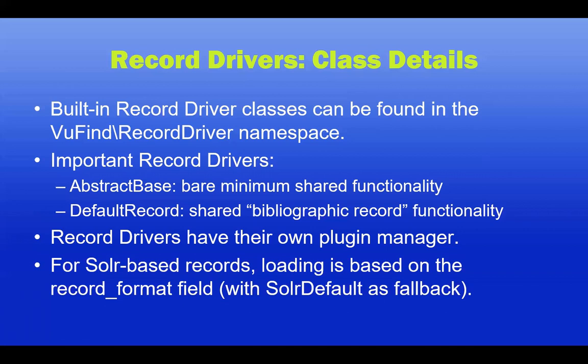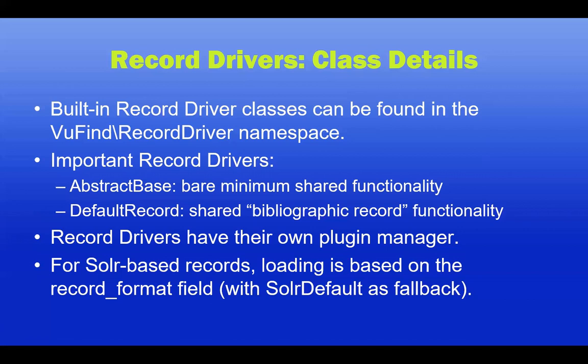But for records coming from the local Solr index, we do things in a slightly more sophisticated way, because it's possible that we have heterogeneous data in our Solr index. We might have some MARC records populated from one place, some Dublin core records populated from another, and so forth. And of course, depending on what kind of data is stored in the Solr index, we may need to display it in different ways.